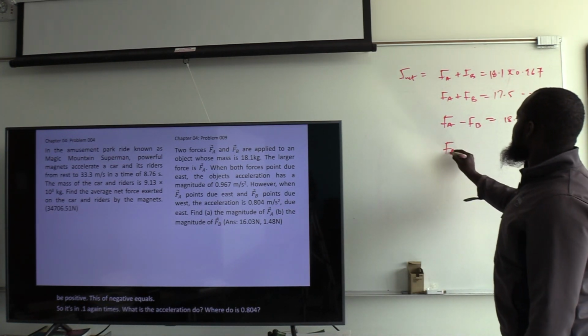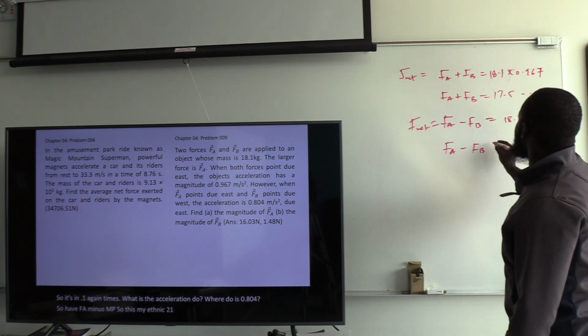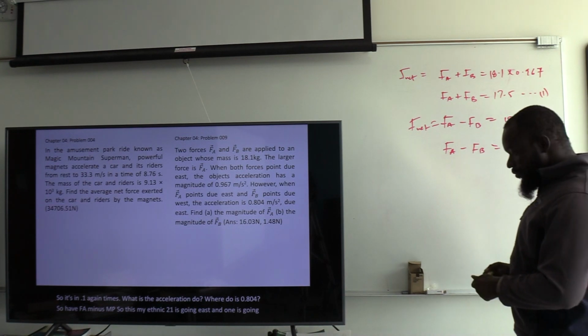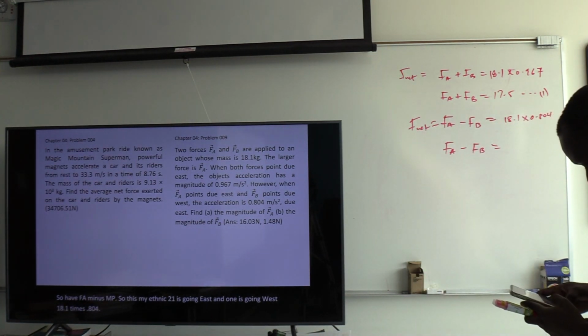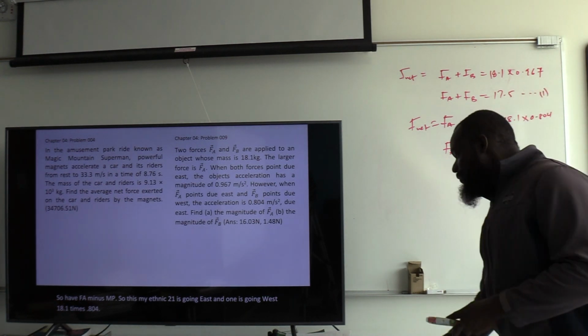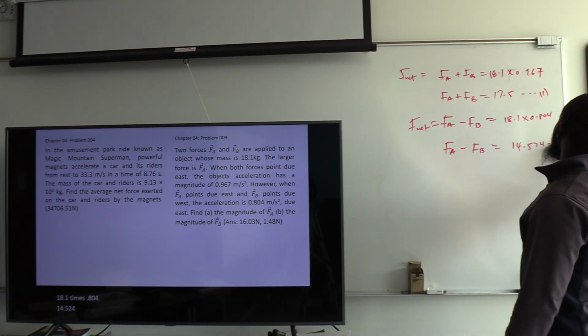So I have FA minus FB. So this is my F net when one is going east and one is going west. 18.1 times 0.804 is 14.524. I call this equation 2.